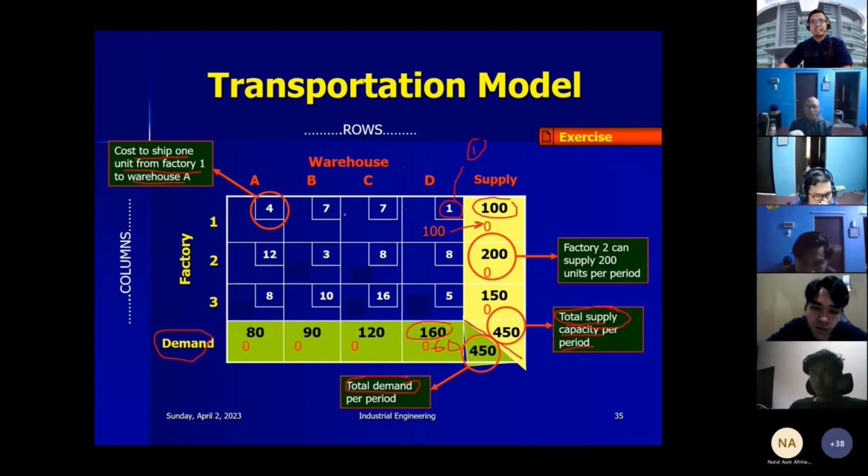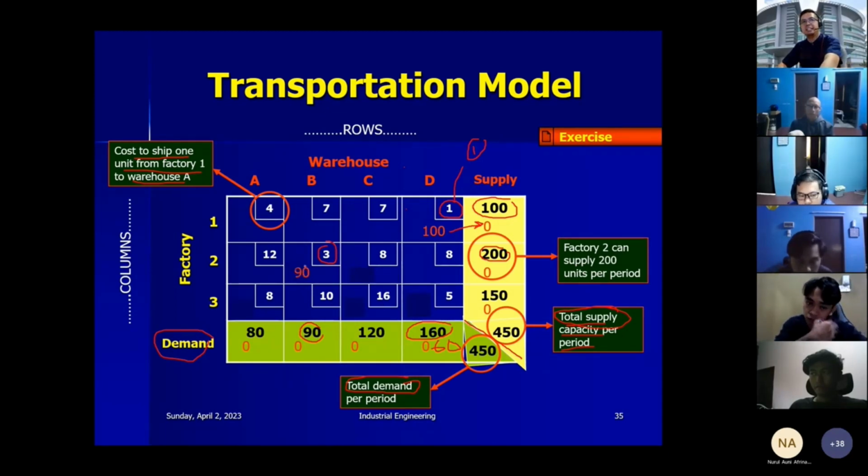Which one is the second lowest? 3, yes. So look at our row and our demand. Our row here is 200 and our demand is 90. Which one is the minimum, 90 or 200? 90, correct.